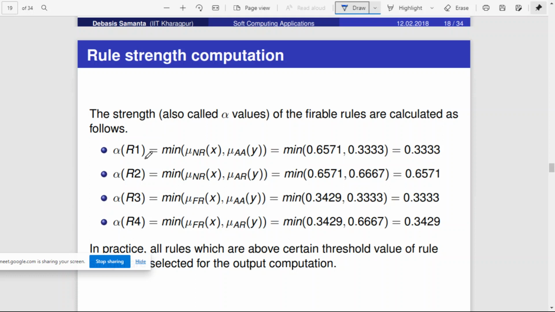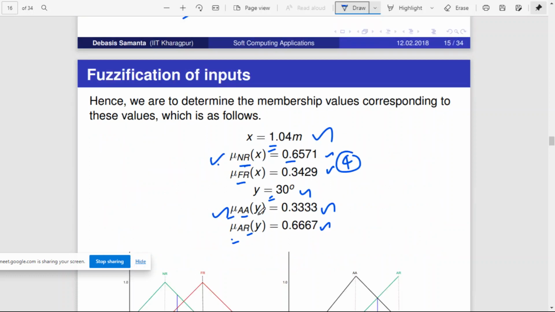What is the membership value for NR with X? For AR with Y? So like this we have to map. We have only 4 combinations. NR AA, let us find the rule strength here itself.